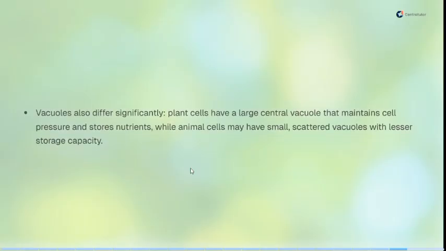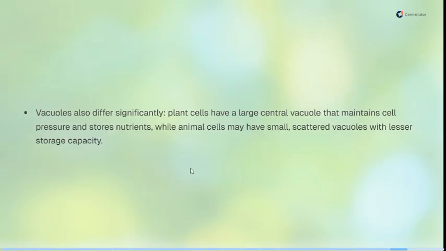Vacuoles are also different between plant cells and animal cells. They differ significantly. Plant cells have a larger central vacuole, and this central vacuole maintains pressure and stores nutrients within the plant cells. For animal cells, we have many small vacuoles which are scattered throughout the cell.